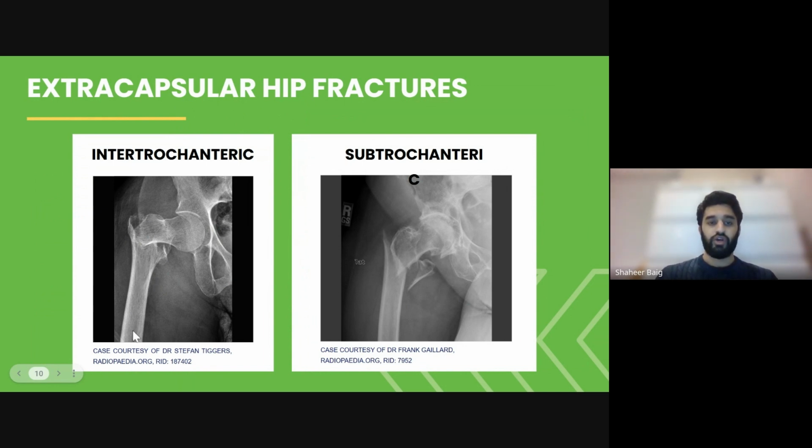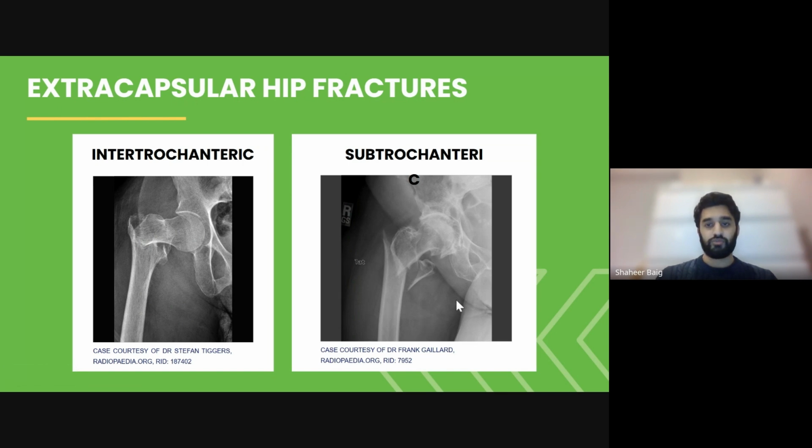That will result in limb shortening, as well as angulation of the distal fragment medially in this case, because the femoral head is externally rotated or abducted, and the femoral shaft is medially angulated.